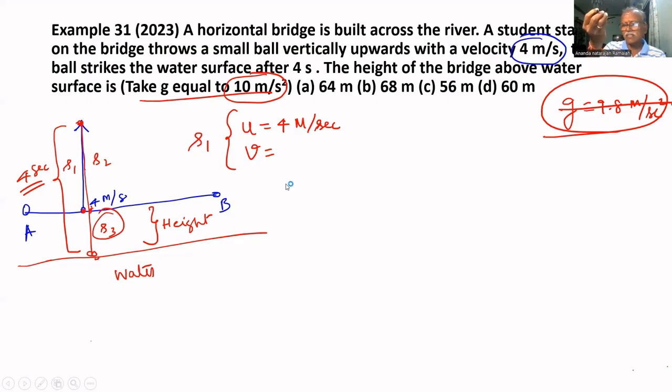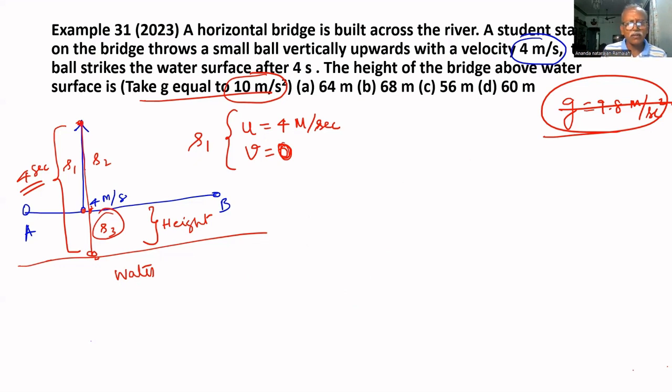At that point, what is its velocity? 0. Therefore, if you throw a stone upward, final velocity is 0, because of the deceleration. Gravity pulls down. Initial velocity is 4 meters per second.